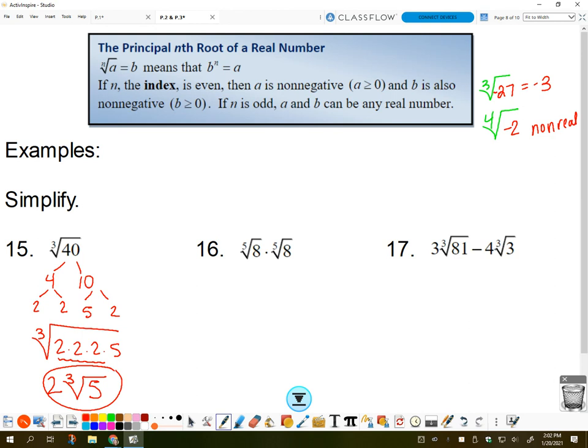All right, so next we have the 5th root of 8 times the 5th root of 8. Okay, so first of all, I'm going to go ahead and combine these and call it the 5th root of 64. All right, so then what do we know about 64? Well, we know it's 8 times 8, right, because we just did that. We know this is 4 times 2, and this is 4 times 2. And these 4's are both 2 times 2.